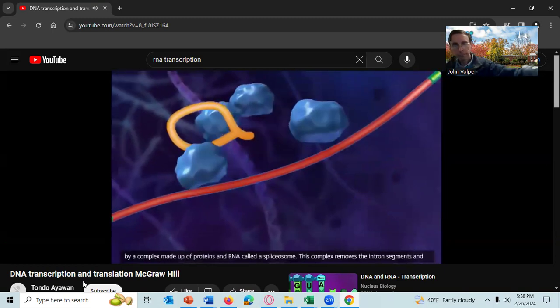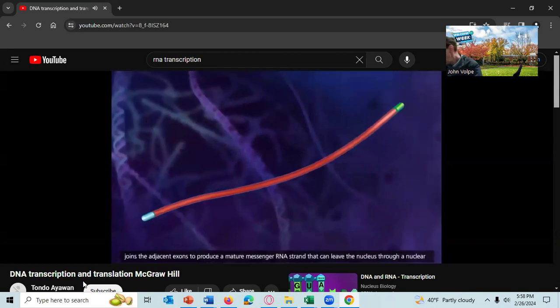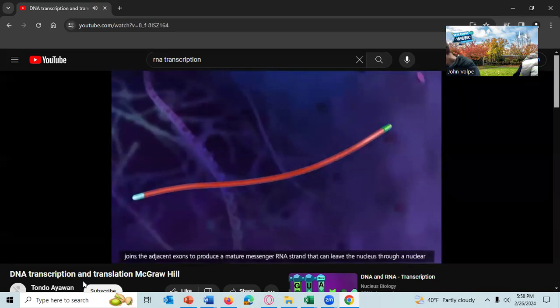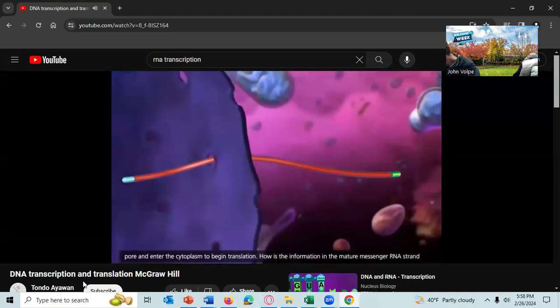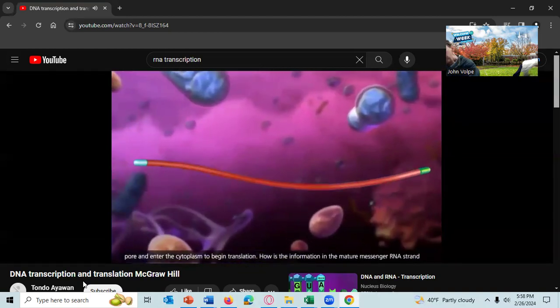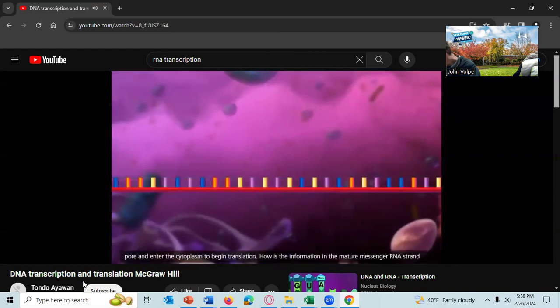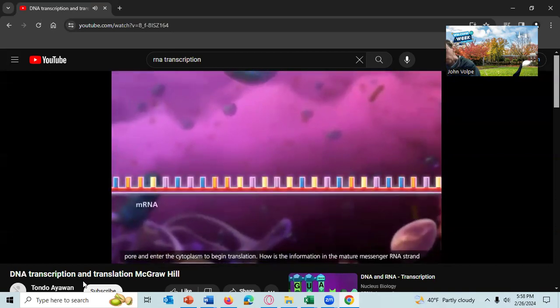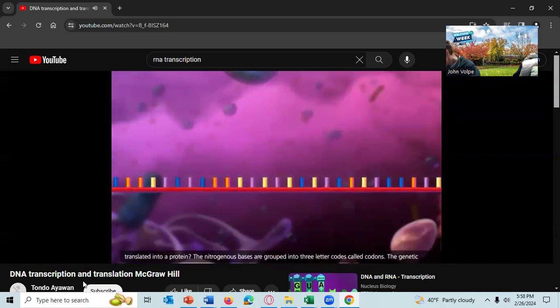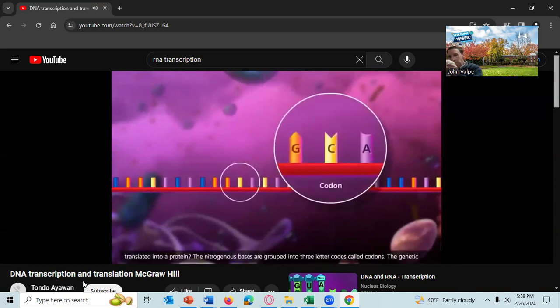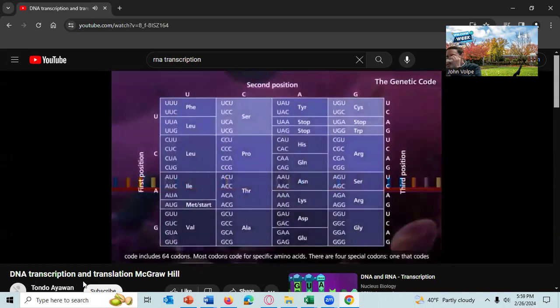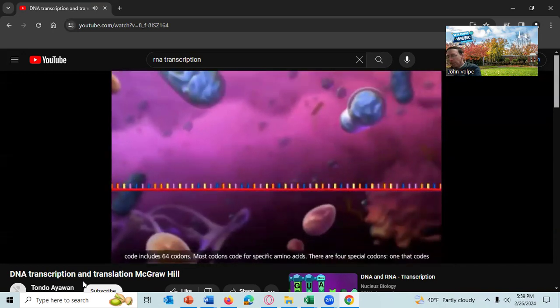This complex removes the intron segments and joins the adjacent exons to produce a mature messenger RNA strand that can leave the nucleus through a nuclear pore and enter the cytoplasm to begin translation. How is the information in the mature messenger RNA strand translated into a protein? The nitrogenous bases are grouped into 3 letter codes called codons. The genetic code includes 64 codons. Most codons code for specific amino acids. There are 4 special codons, 1 that codes for start and 3 that code for stop.